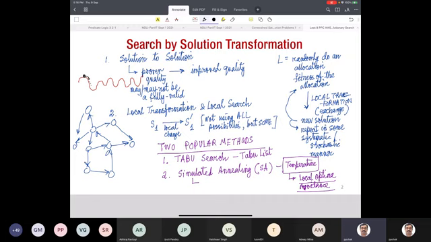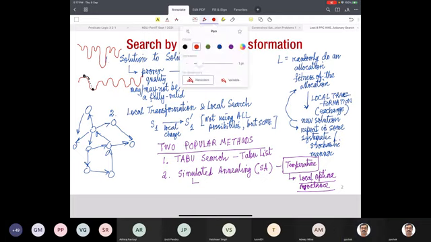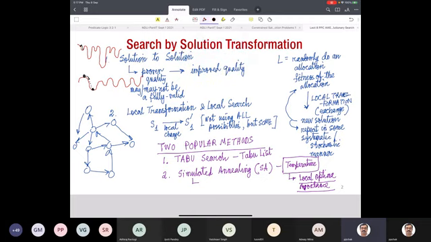Now, you may go down here, but here there is no chance of going down, and you may reach your solution. But in another space, which is like this, you may get stuck here, whereas your optimal lies here.